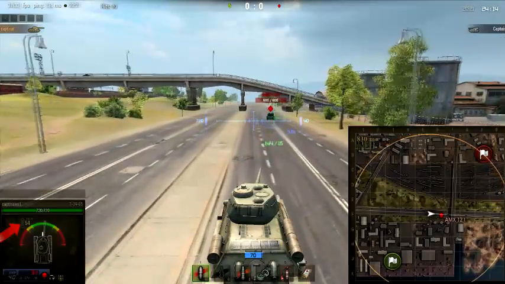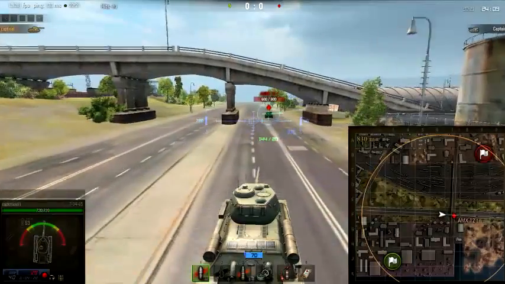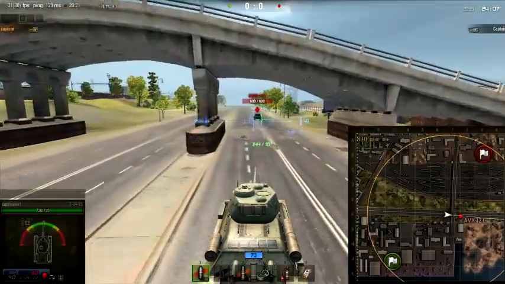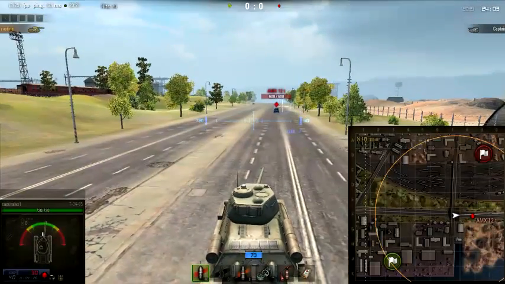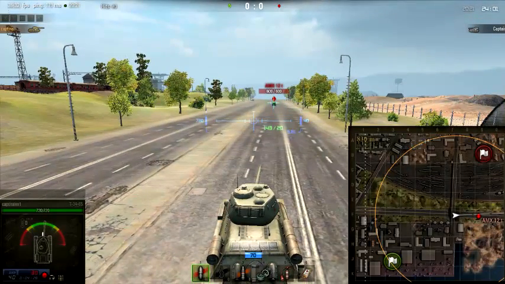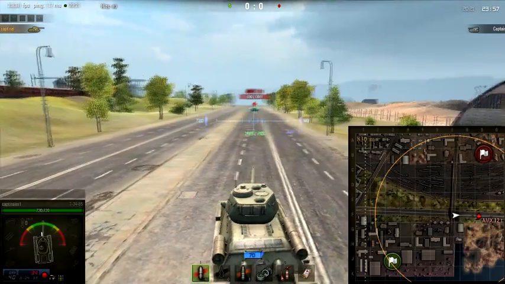And we're going to drive like that for a while. Alright, that was speed and acceleration.